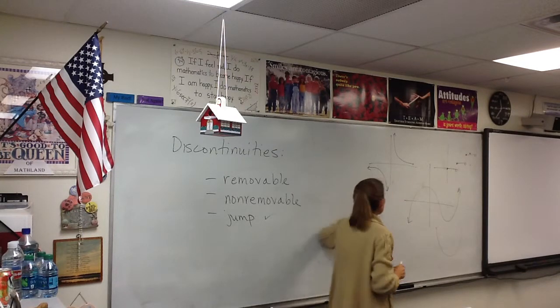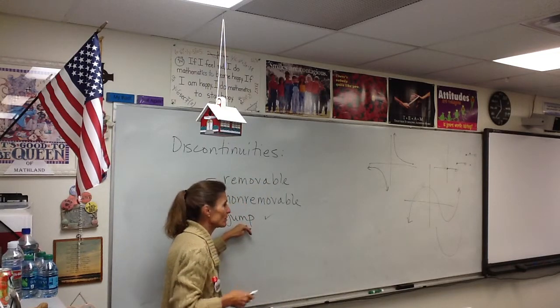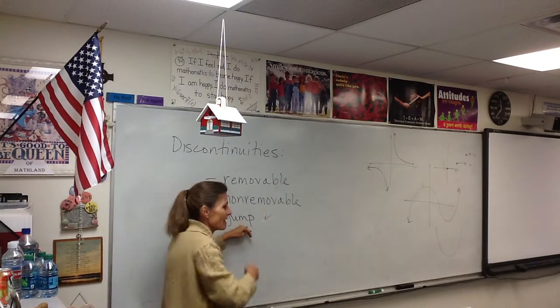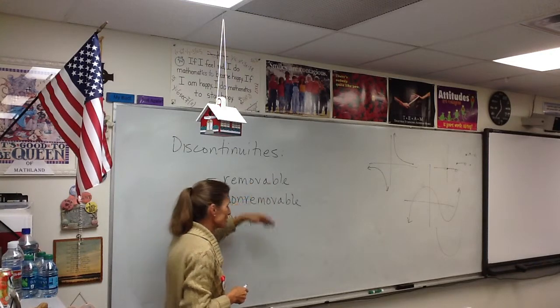All right, so what do we mean? I think these are kind of easy. I mean, you can kind of tell when you've got a jump discontinuity. They look like that. What do I mean by these words?